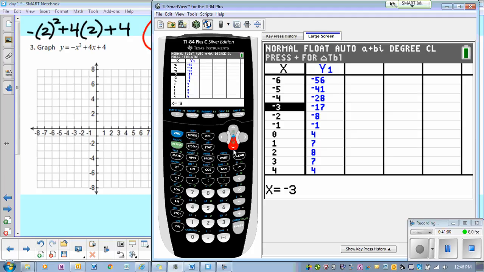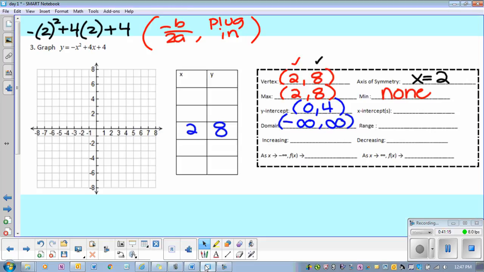So 2, 8 in the middle, then 1, 7, 0, 4, 3, 7, and 4, 4. Any questions so far?